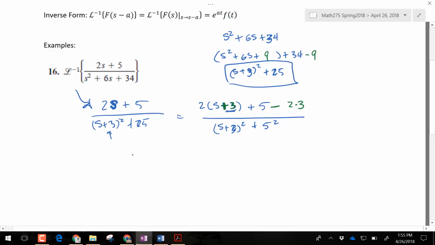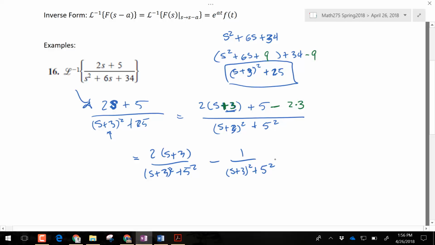And now I would have 2 times (s plus 3) over (s plus 3) quantity squared plus 5 squared, plus or minus 1, 5 minus 6, 1 over (s plus 3) squared plus 5 squared.